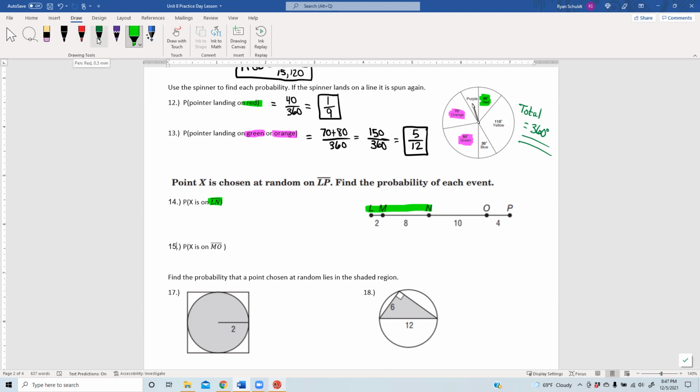Well, what's our whole shebang? If I add up all of this, what would this give me? 2 plus 8, that's 10, plus 10 is 20, the whole is 24. LN would be 2 plus 8 over 24. So 10 over 24, which reduces to 5 over 12.